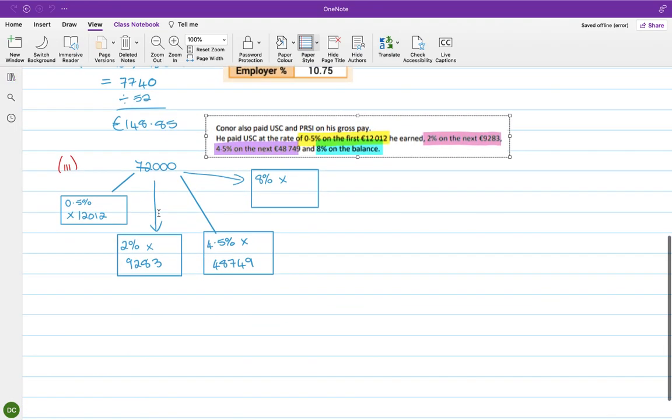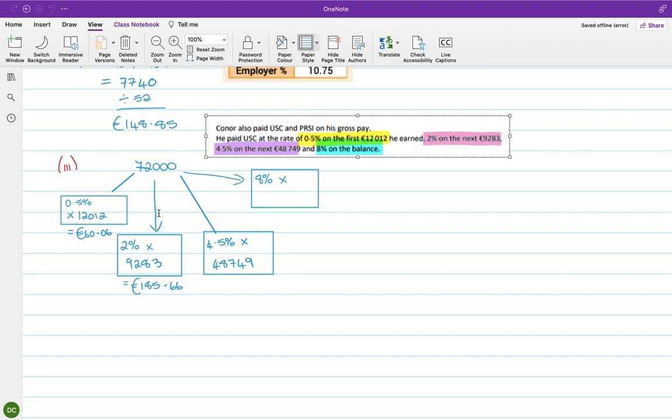Okay, so 0.5% of 12012 is 60.06. 2% of 9283 is 185.66.